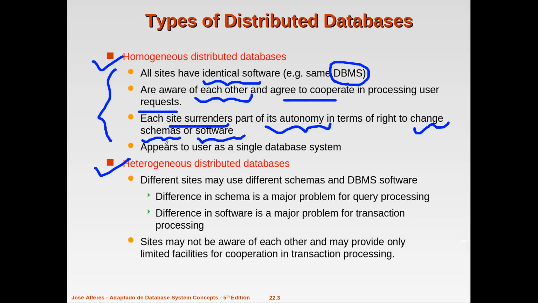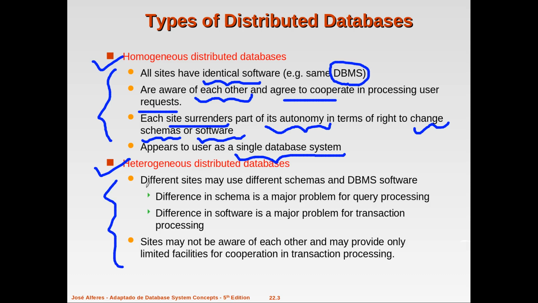And overall, even if we are having multiple number of sites available, it feels like we are having a single database system available for our transaction purpose. So these are the features of homogeneous distributed databases. But when we use the second category, that is heterogeneous distributed databases, what are the features of these distributed database systems?